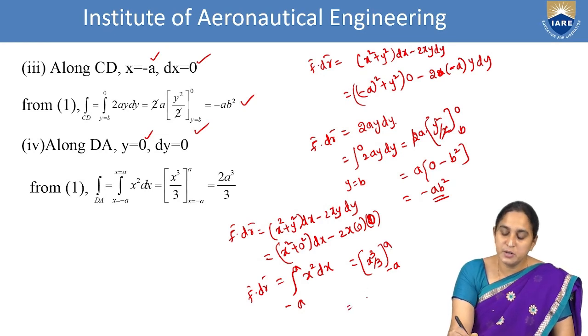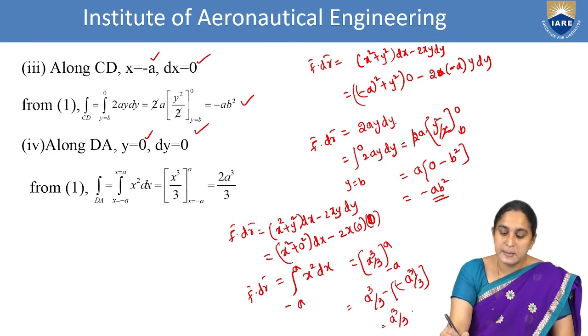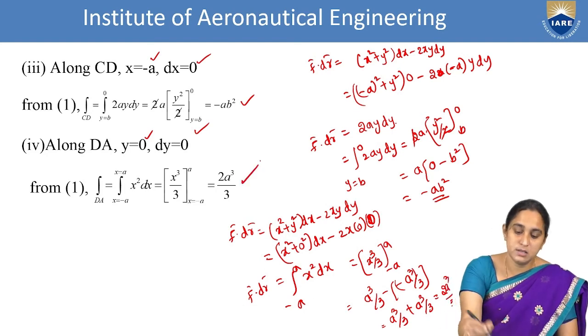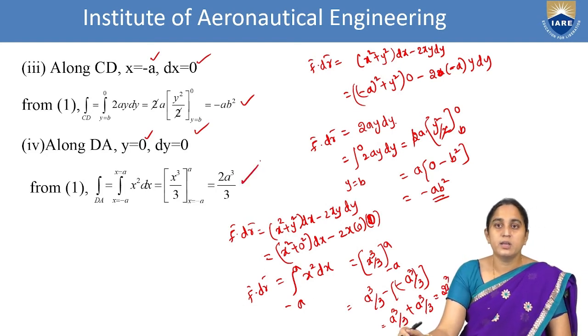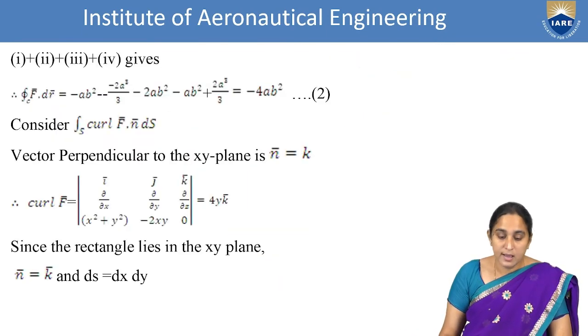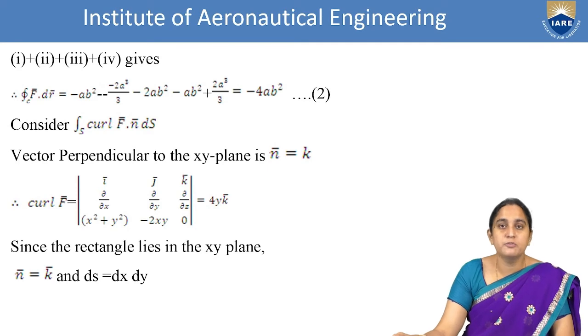Integrate x square: x cube by 3 with limit points minus a to a. Substitute: upper limit a cube by 3 minus of minus a cube by 3. That is a cube by 3 plus a cube by 3, equal to 2a cube by 3. This is the line integral value along DA. Now add all 4 lines.